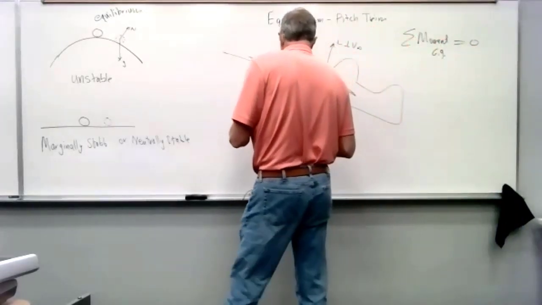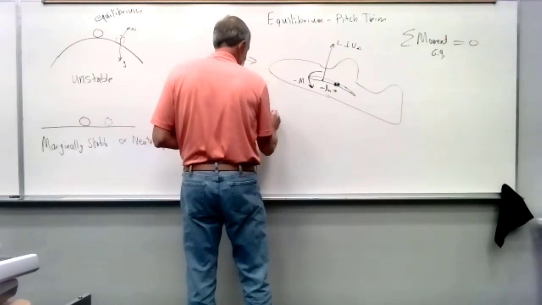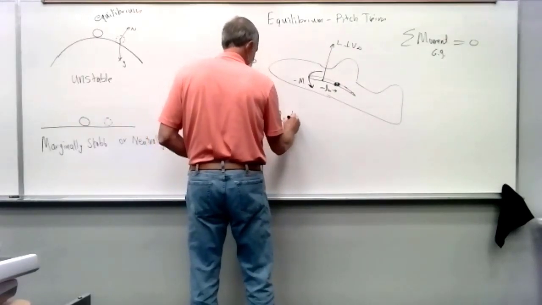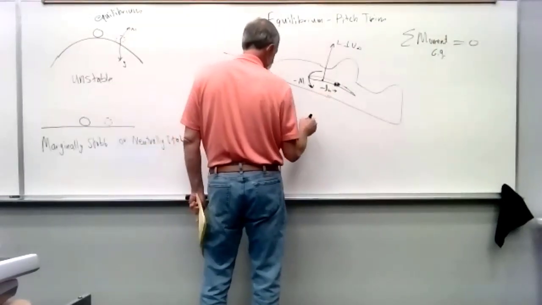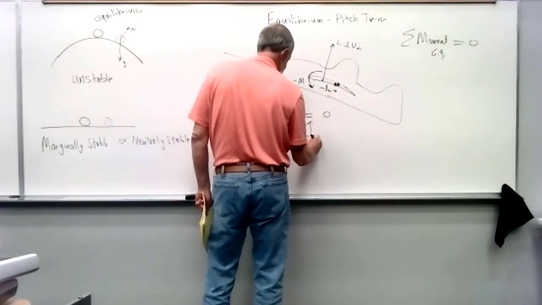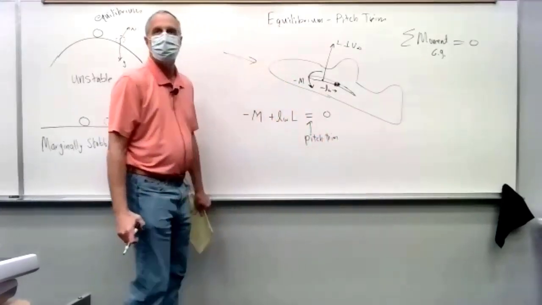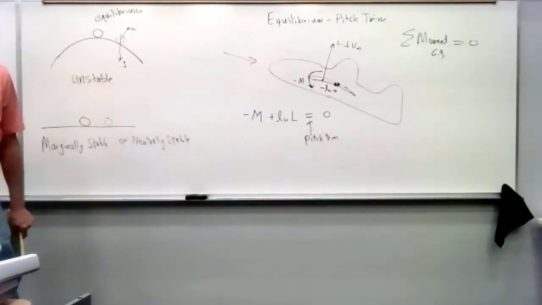So you could have the total moment, the negative moment plus the lift times that distance, and if it's zero, then you have pitch trim, because the airplane won't rotate up or down because it's all balanced out.